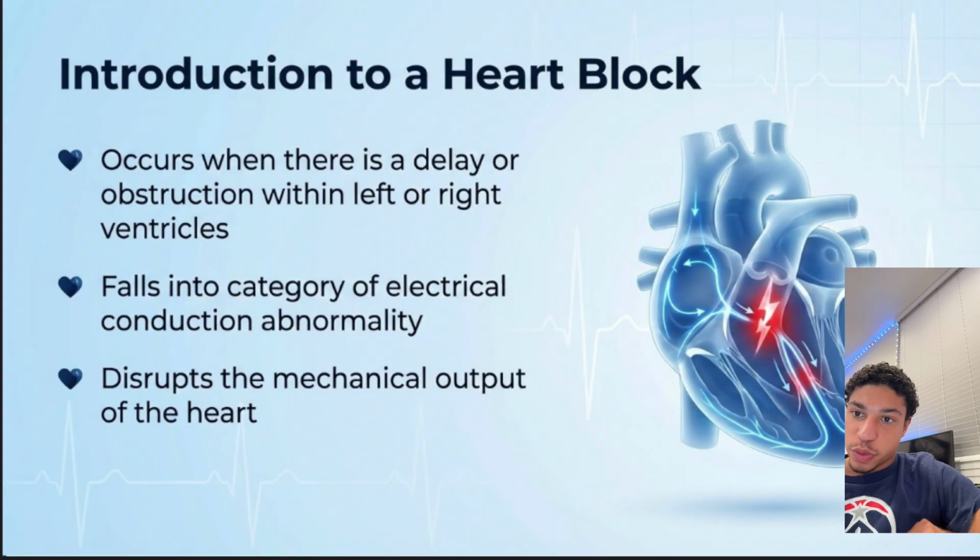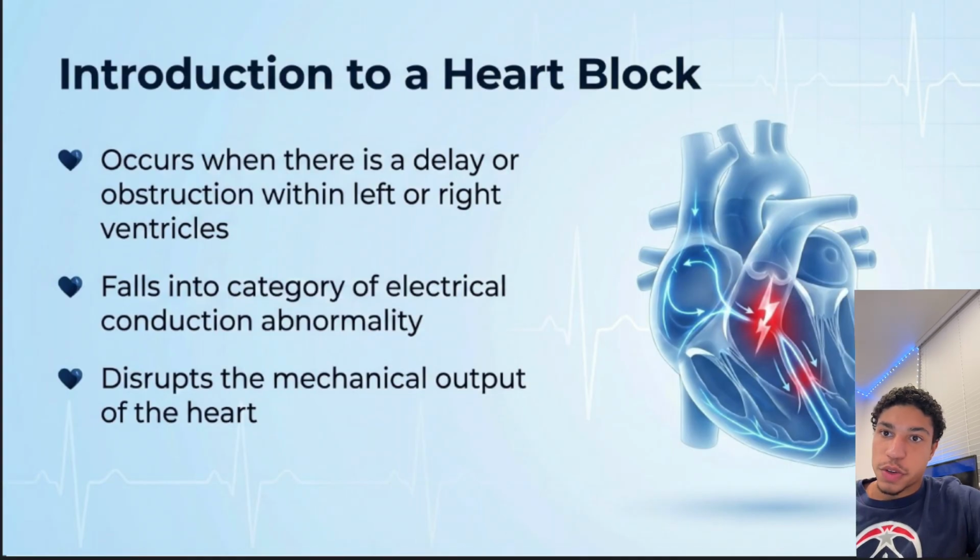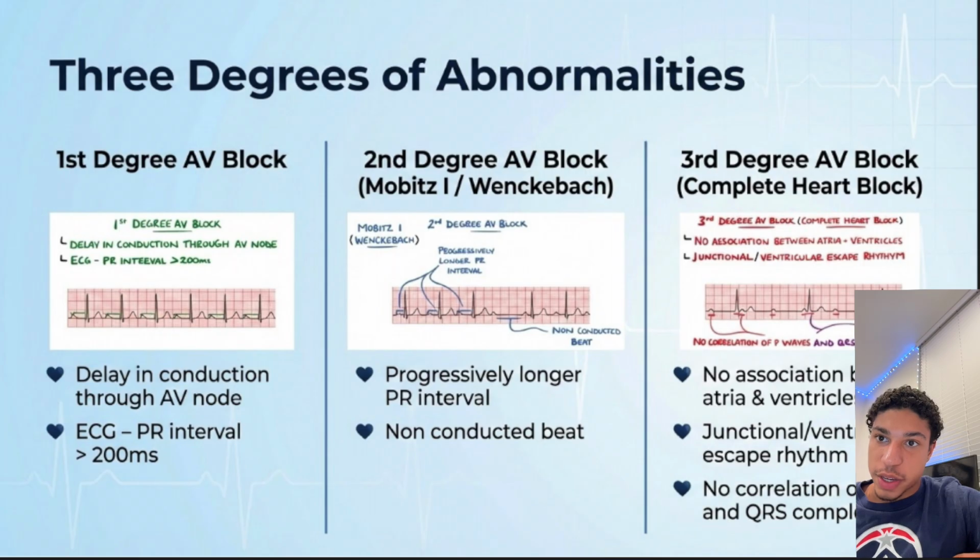And this can also reduce the heart's ejection fraction, which is the percentage of blood pumped out of the ventricle relative to the amount that is filled. In healthy individuals, this fraction ranges from 50 to 70%. So firstly, heart blocks are categorized into 3 main degrees, each with its own ECG pattern. So the first degree is a first degree AV block.